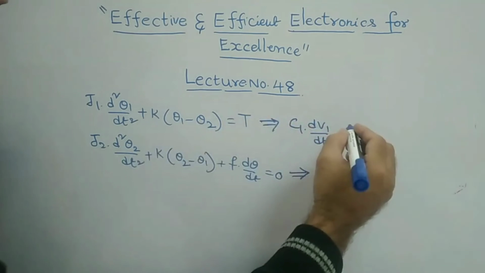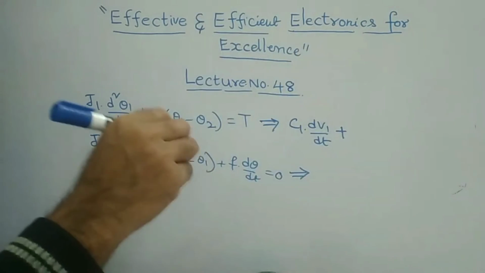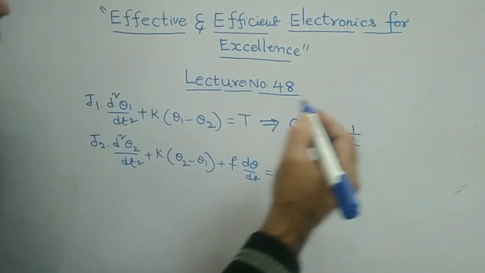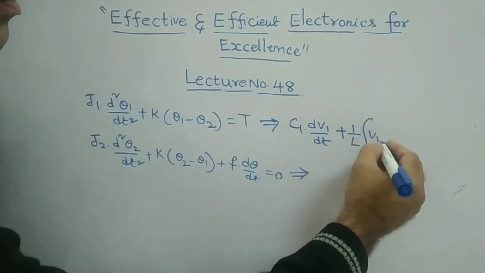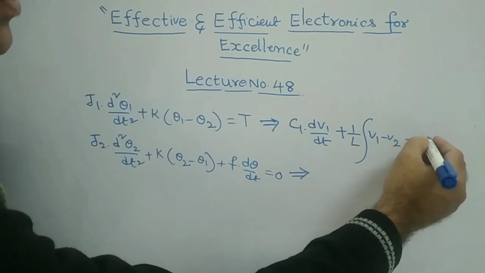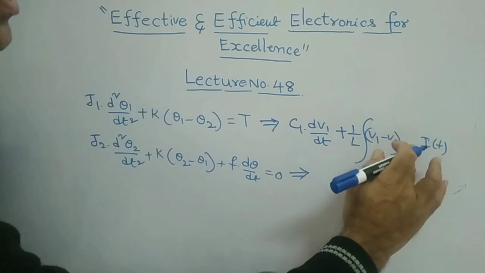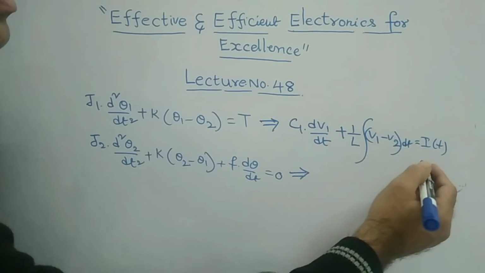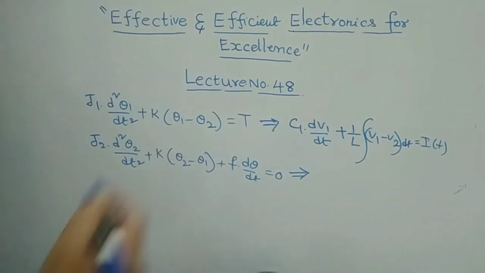So K becomes, as we have seen in force current, 1 by C; in torque current you will have 1 by L into integral of V1 minus V2 into dt, equal to I of t. This is your corresponding equivalent electrical equation.